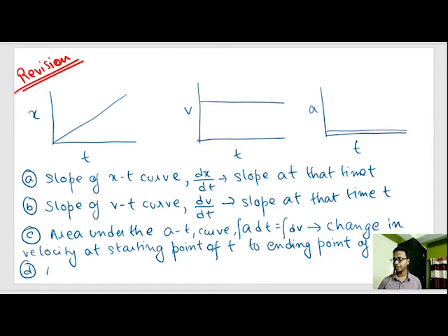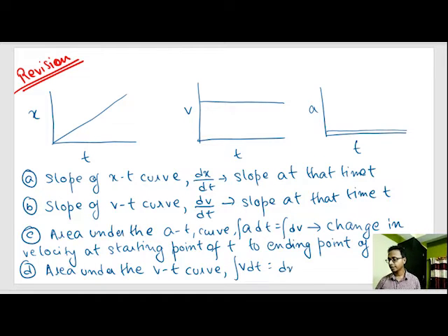Area under the VT curve, or v dt, equals dx, which is the change in displacement from t equals 0 to t equals 1, or change in position vector.